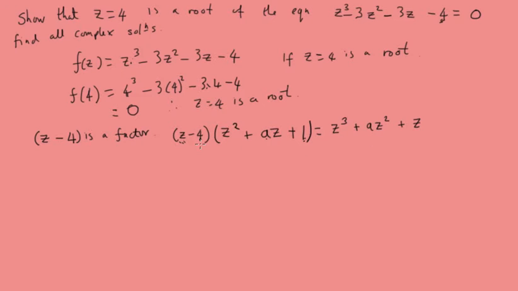Now we're going to do the minus 4 part, and we're going to put it under here and line up the terms that are the same. So minus 4 times z squared is going to be minus 4 az squared. Oh, sorry, no, it's not.